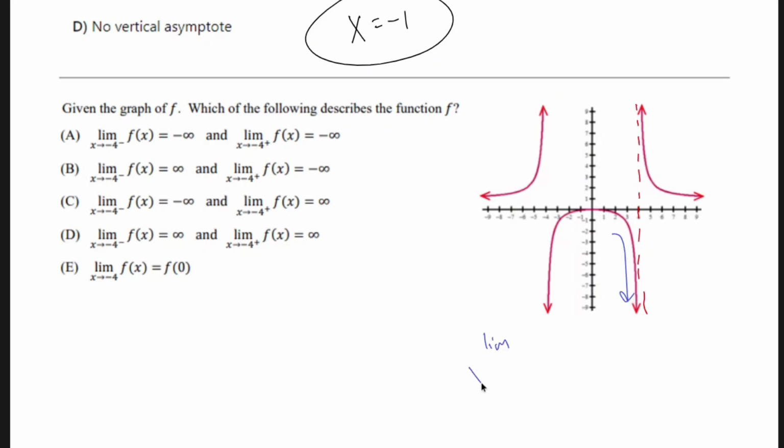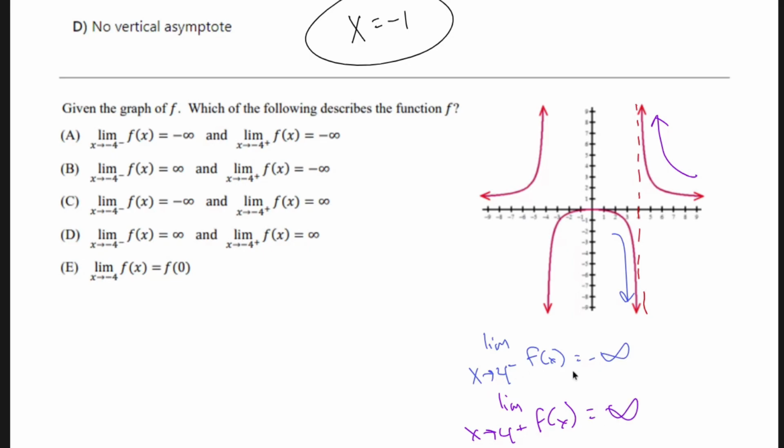The limit as x approaches 4 from the left appears to be going down to negative infinity. And my limit as x approaches 4 from the right is going to positive infinity.